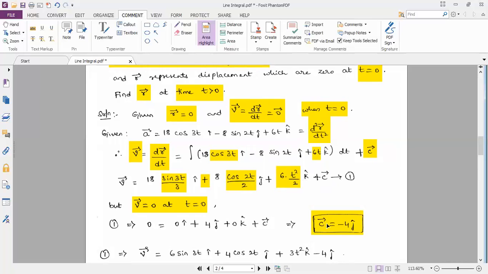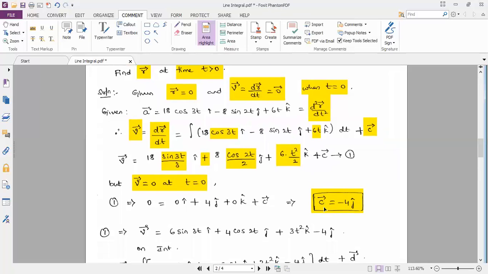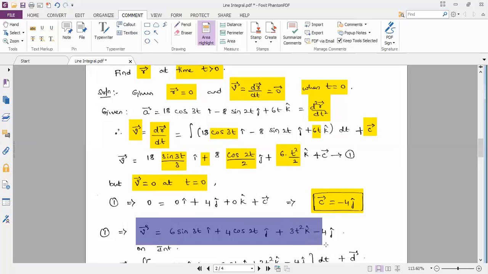Hence we obtain vector c as −4j. Now we rewrite the expression for velocity v with the constant value c. So rewriting, we get this expression for v, which is 6 sin 3t i + 4 cos 2t j + 3t² k − 4j. This is the expression for velocity we obtained.